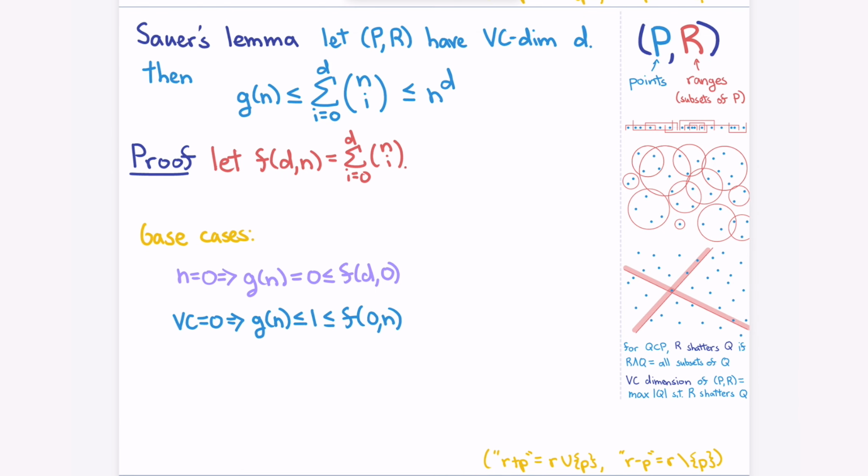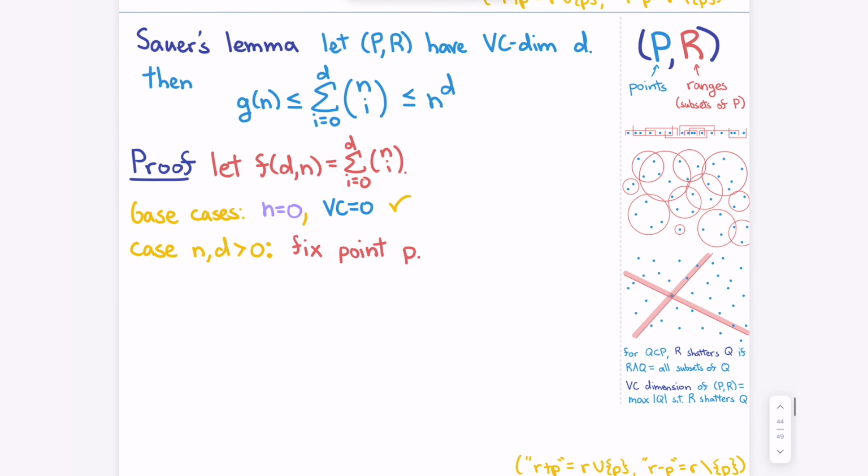So if n is 0, I guess g of n is 0, and that's if you plug in f of d 0. If the VC dimension is 0, then you can induce it with one shape or something. I think we're not counting empty set or something, and that's f0. Okay. Okay, so base case are not too interesting.